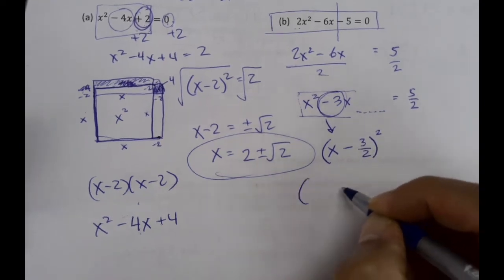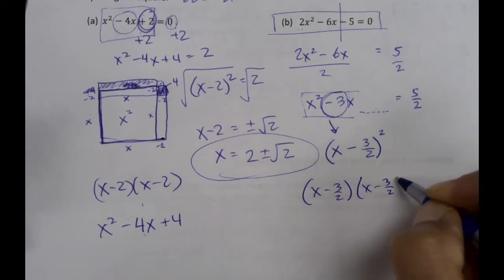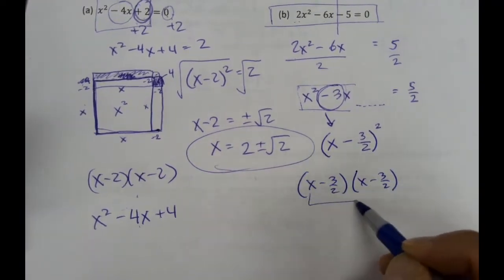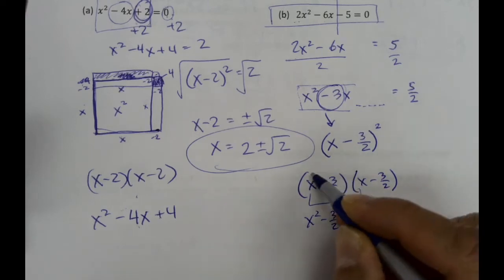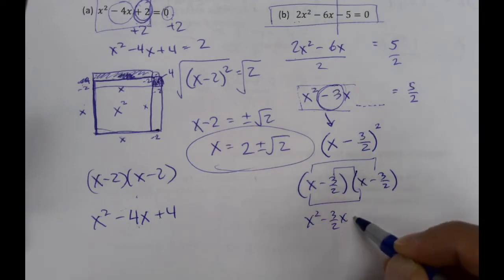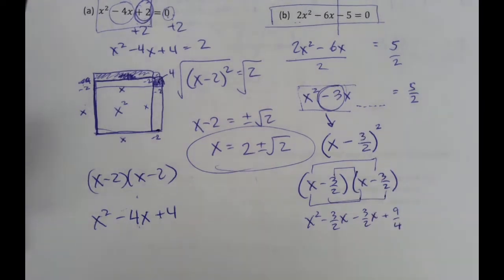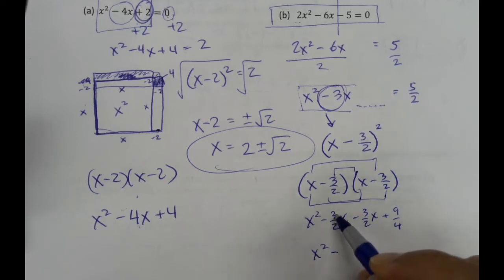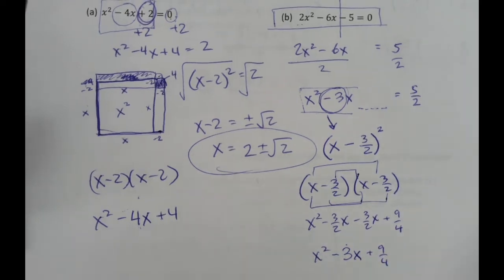Well, that's the only way to get minus 3x as my second term. There's my x squared, minus half of 3x, minus another 3 halves x, and then plus 9 over 4. So that's x squared minus, well, 3 halves and 3 halves, that's 6 halves, or 3, minus 3x plus 9 over 4.